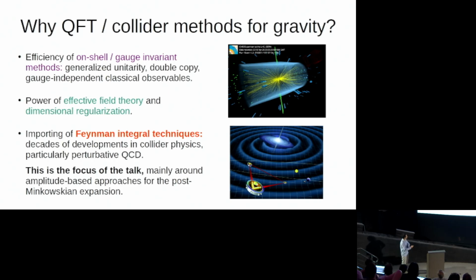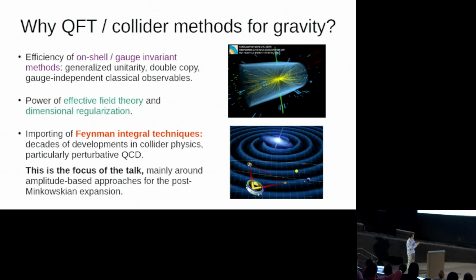What I will focus on in this talk is importing the Feynman integral techniques developed in collider physics, especially perturbative QCD, because as we know, LHC is mainly a QCD machine, and at these high energies, protons are basically just gluons.